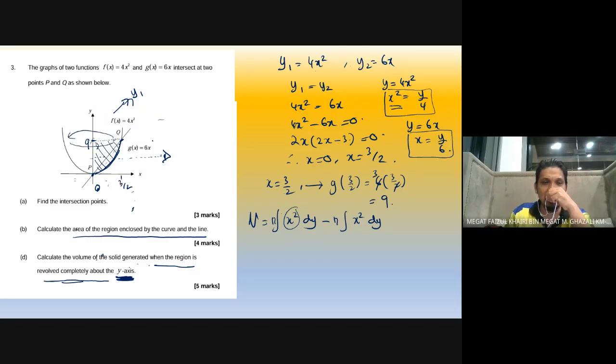This curve is represented by y equals 4x squared, or x squared equals y over 4. So dy, minus pi integral of, this is x equals y over 6, so this changes to y over 6 squared dy.